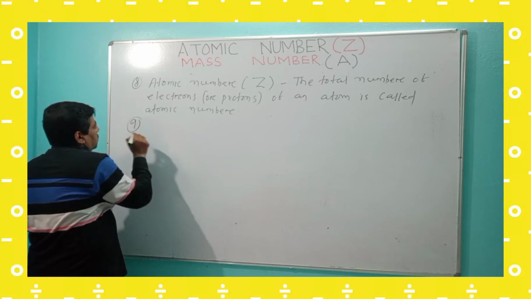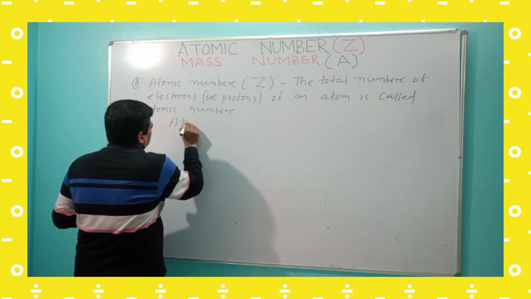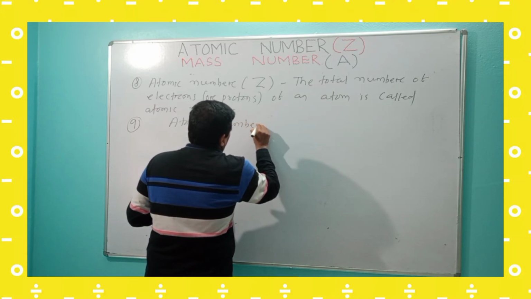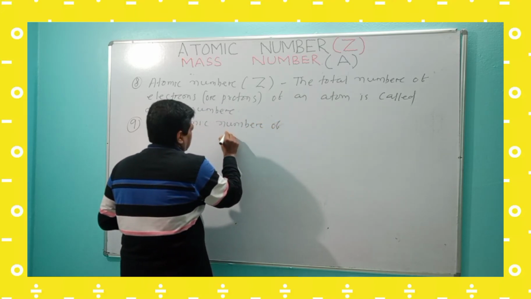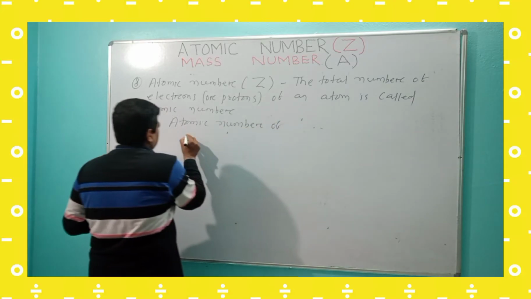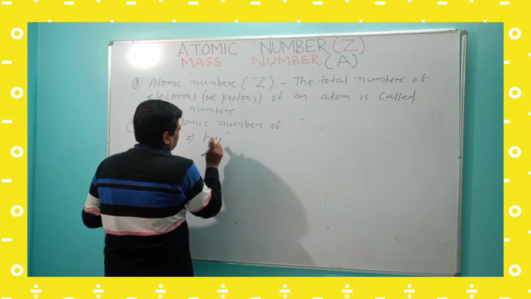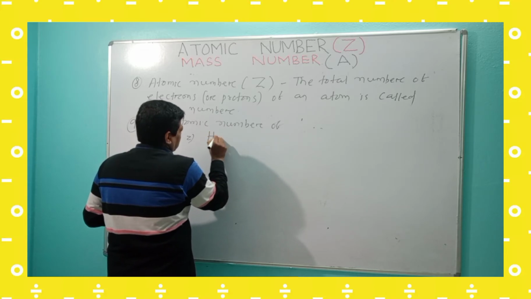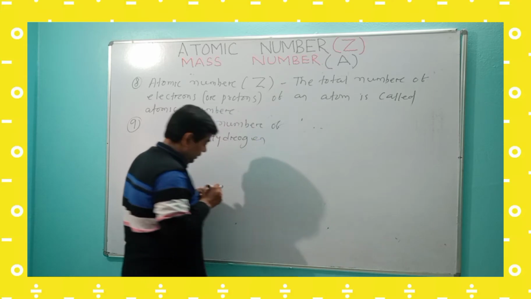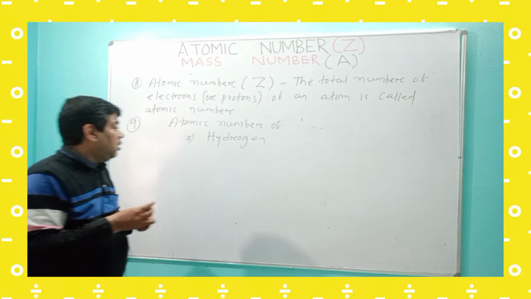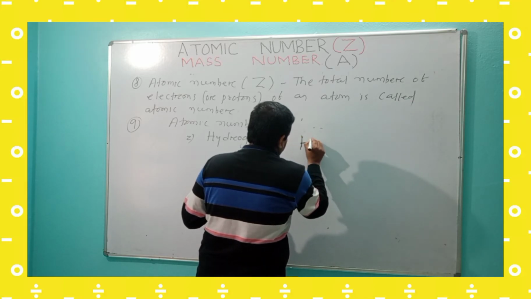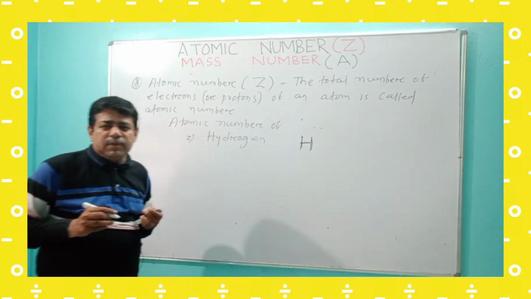Suppose I am discussing number 1, hydrogen. What is the atomic number of hydrogen? You already know the symbol of hydrogen is H. H stands for one atom of the element.